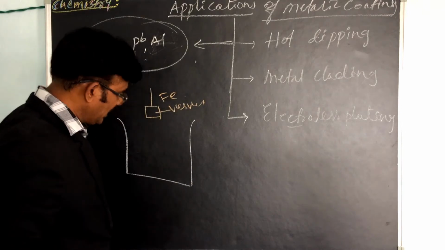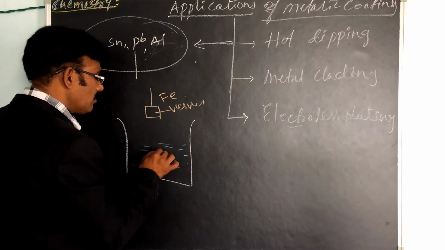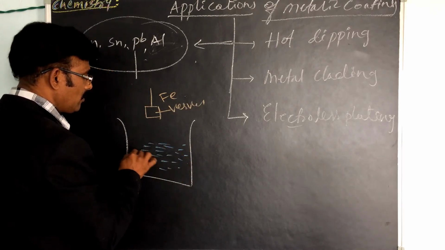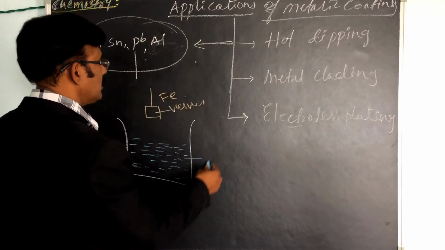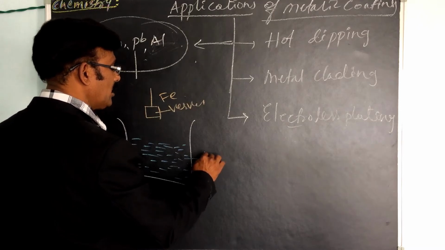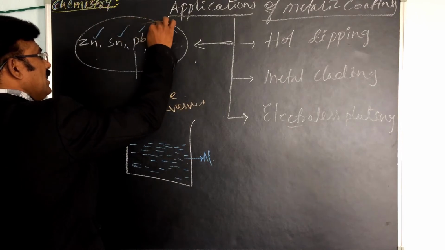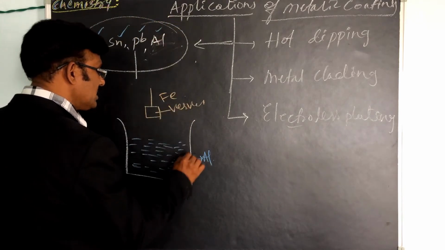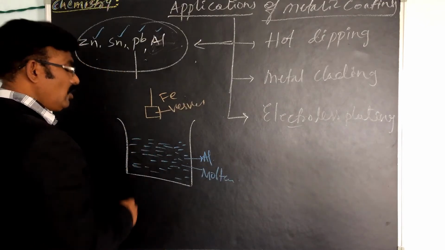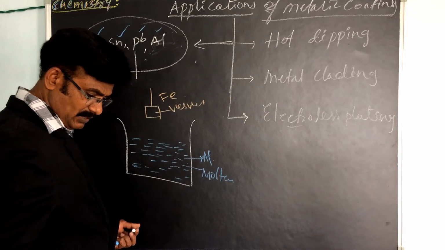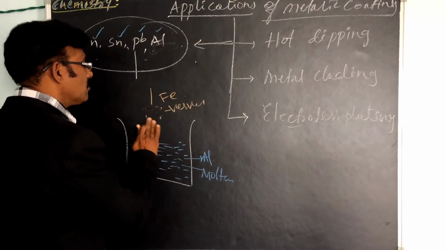Here is the molten state of, for example, tin or aluminium, or any one among zinc, tin, lead, or aluminium. Molten means liquid. Now this vessel is just dipped in this.